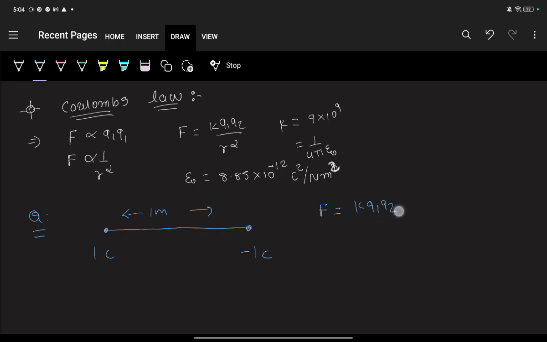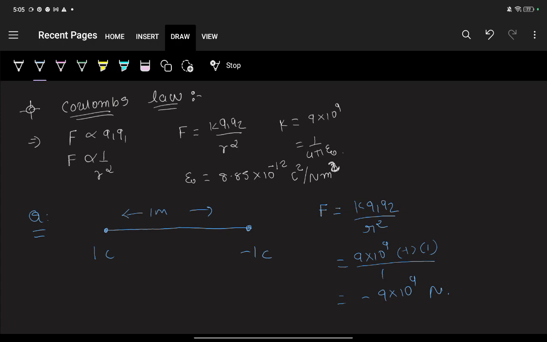Coulomb force is given by k q1 q2 upon r square. Here k is 9 into 10 raised to 9, of course, minus 1 into plus 1, and r square is 1, so it will be minus 9 into 10 raised to 9 newton. That will be the answer, easy one, right?